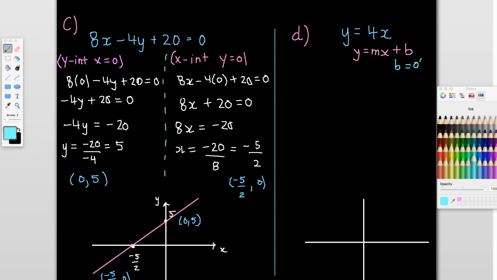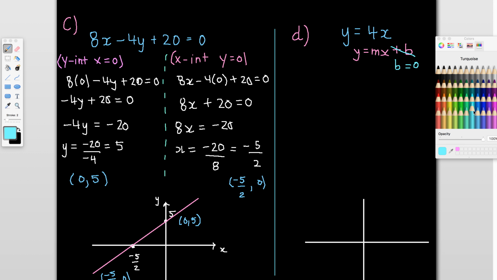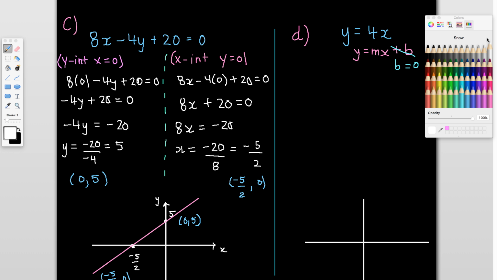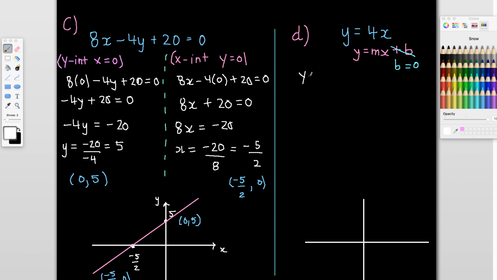So when you see them in this form, so they're basically in the form y equals mx, what this means is you actually have a y-intercept occurring at 0. So our intercept is occurring through the origin. This, of course, means that our x-intercept is also at the origin. Because if it is passing through the origin, it's passing through both x is 0 and y is 0.